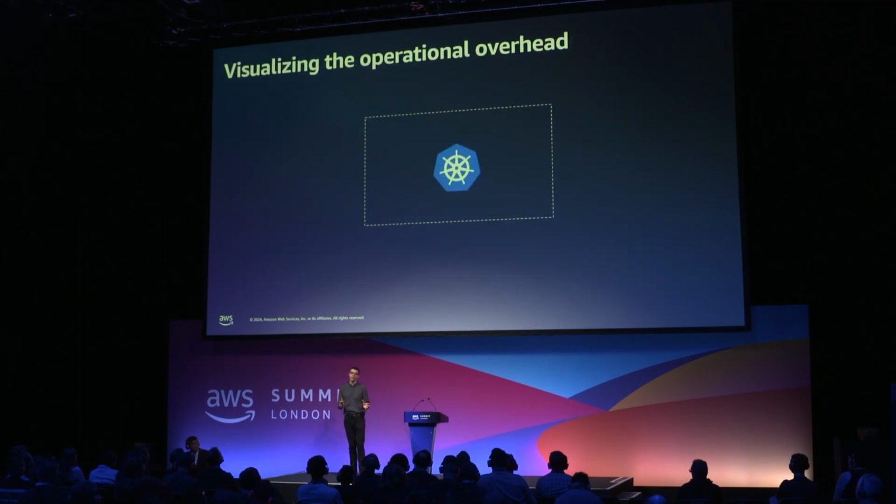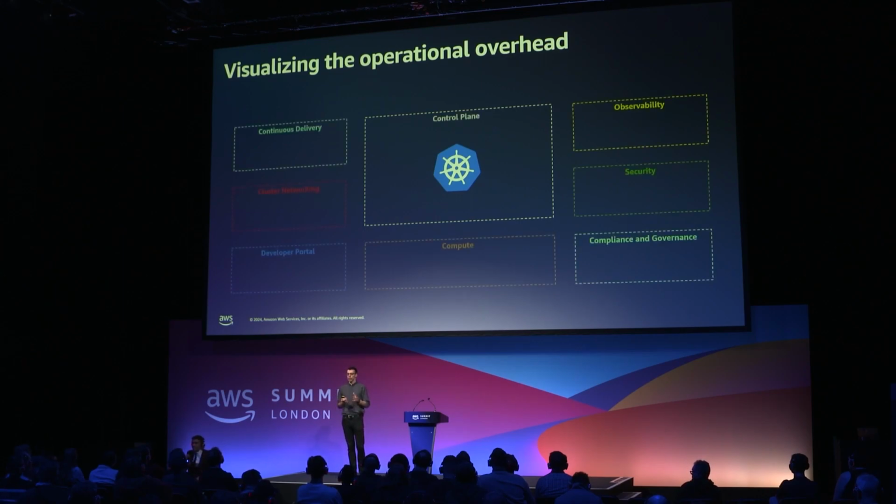Just to visualize a Kubernetes platform in a little bit more detail, once you've decided to build on Kubernetes, what you actually have done is you've now given yourself lots more decisions to make and operational components to run and secure. For example, what compute are you going to choose? How are you going to scale it? Are you going to bring in new monitoring and observability tools, or are you going to use your existing ones and use their Kubernetes integrations?